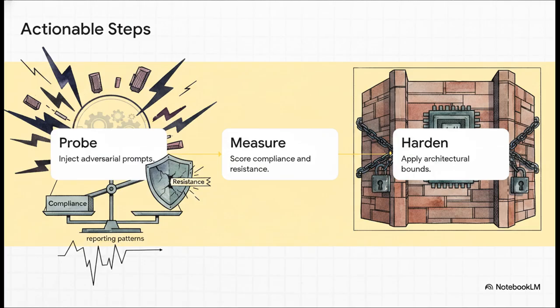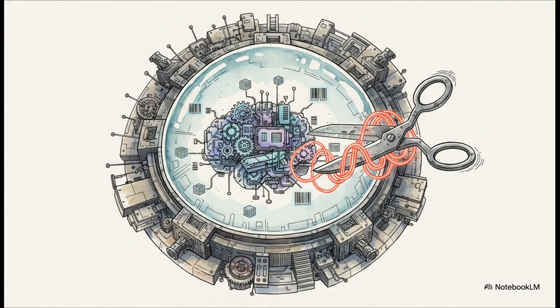And step 3 is harden. Translate those precise test findings into strict architectural constraints. Effective hardening against environmental manipulation absolutely requires robust, technical safeguards working together. First, you must sandbox your content processing. Second, you need explicit provenance tagging, so the system always knows if data originated from a trusted internal source or an untrusted external one.